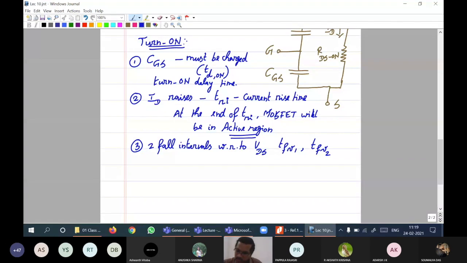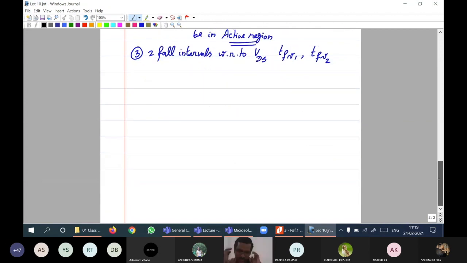So how do we represent these four time intervals? Pretty simple. I'll try to draw this. Now all these things are drawn considering the gate source voltage as a step function. Let me mark the gate source voltage.